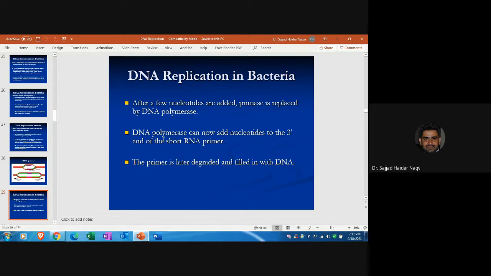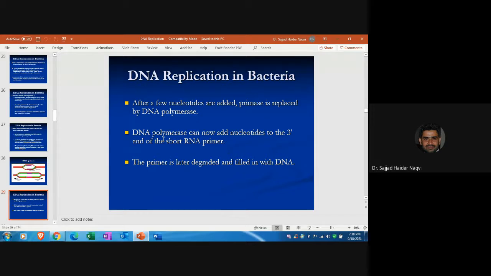It will add a free nucleotide to the 3' end of this short RNA primer. Once this whole process of DNA replication is complete, this primer, which was synthesized in the first step, will be removed and degraded. Why? Because that primer is not the actual part of the DNA. Don't forget that this primer has been synthesized because the DNA polymerase enzyme lacks the capacity to join two free nucleotides.